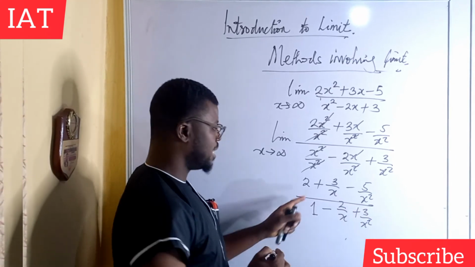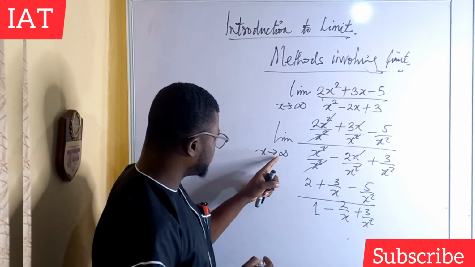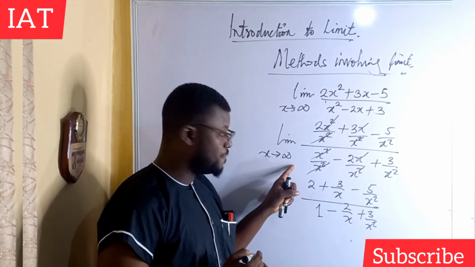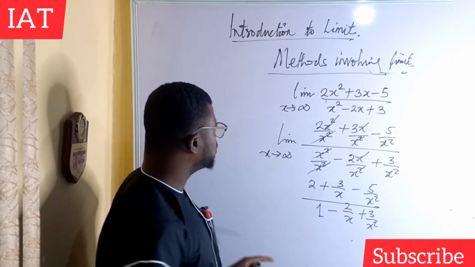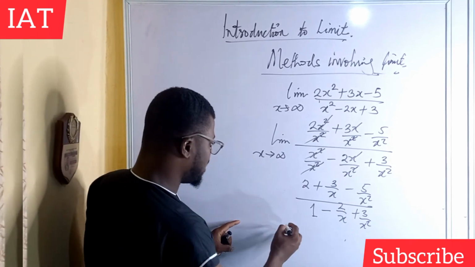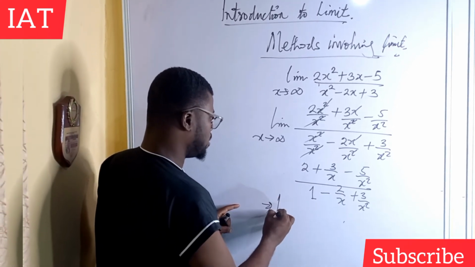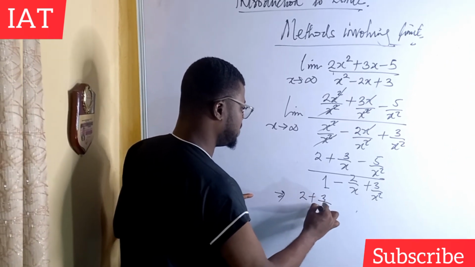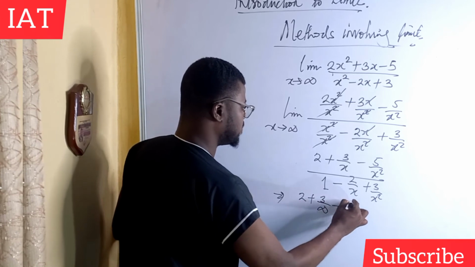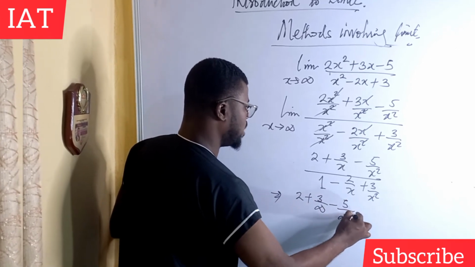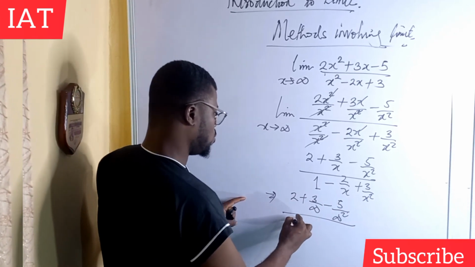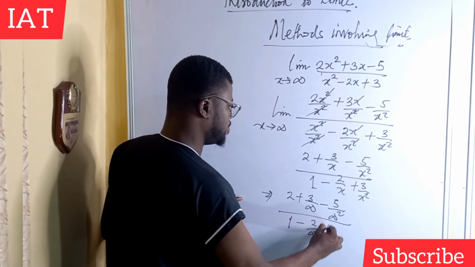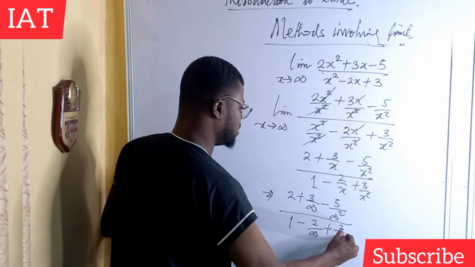What will be the next step? We are going to do direct substitution. Wherever we see x, we substitute the infinity sign. What we have now is 2 plus 3 over infinity minus 5 over infinity squared, all over 1 minus 2 over infinity plus 3 over infinity squared.